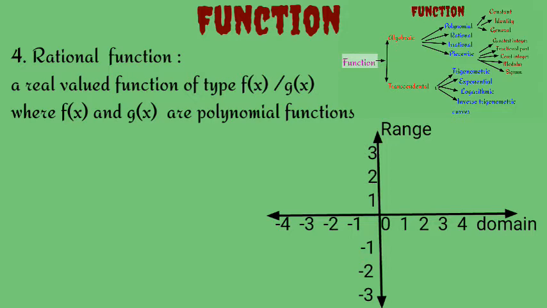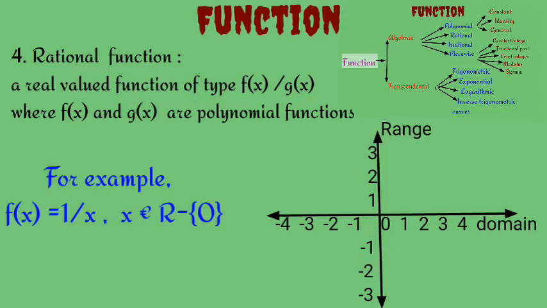For example, f of x equals 1 by x is a rational function. Obviously, the domain of the function should be all the real numbers except the point 0, since 0 will not have its functional value under the function f of x equals 1 by x.